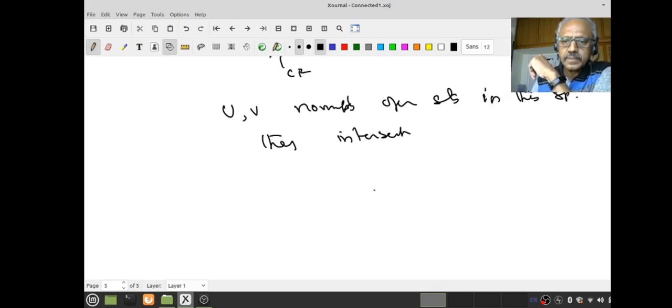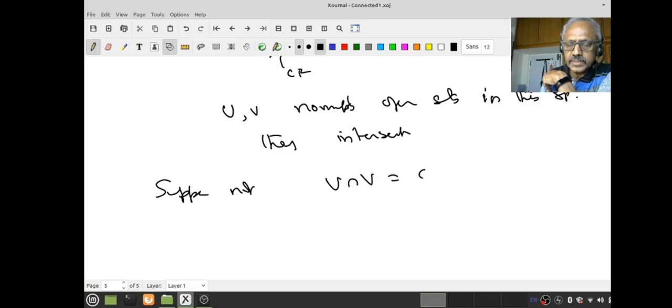Why? Suppose they don't intersect, suppose not, then what happens? U intersection V is empty.